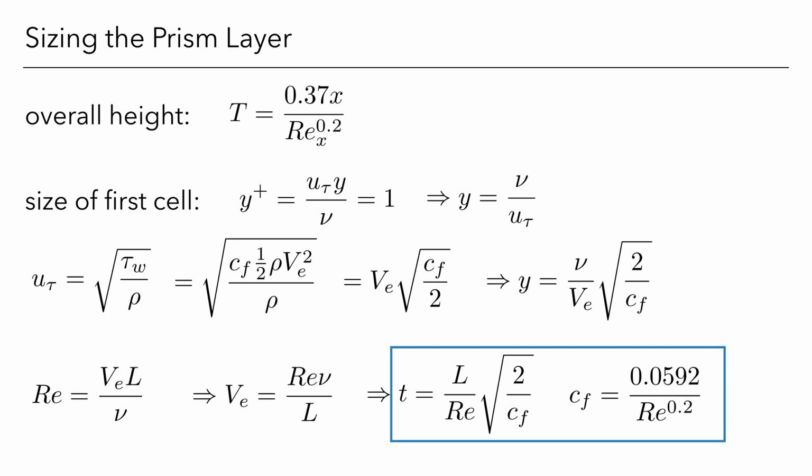This will be the length scale of the body. Really, it's the length of the boundary layer, but some length scale of the body. And for the Reynolds number, we would use a free stream Reynolds number. So with just a couple pieces of information, we can have a really good estimate of the overall height of the boundary layer and the distance to the first cell in the boundary layer.